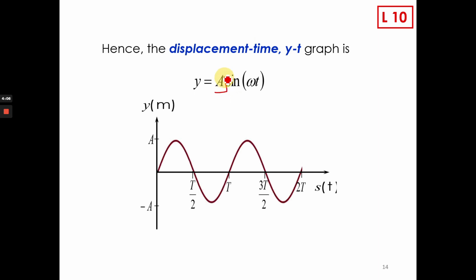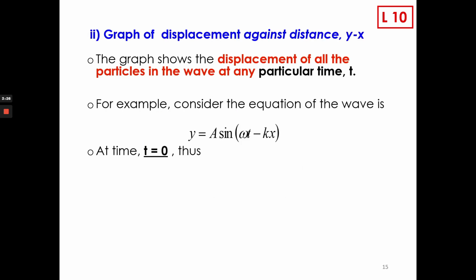This is the amplitude, A. You can determine the period from omega, where ω = 2π/T, which gives one complete oscillation. The shape of the graph depends on whether it is a sine or a cos graph. This is a sine graph with the amplitude, and from the angular frequency you can determine the period. This is a plot of the y against t graph.